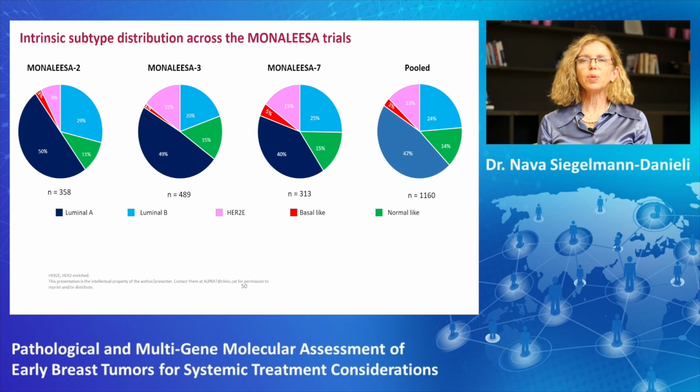So here, if you look across the studies, of those patients divided as luminal per pathology, 47% have luminal A tumor by the test. About 24% have luminal B tumor. And then you see about 13% whose tumor behaves like a HER2-enriched tumor. And you see also several percent, 3 to 5%, whose tumor by intrinsic subtype is basal-like. So they're not luminal at all.